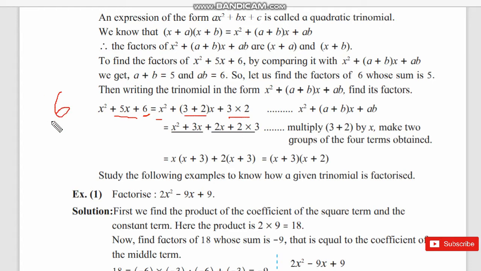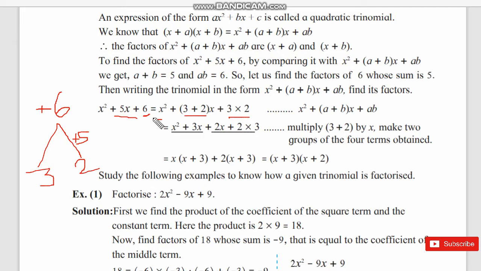So we get 6 into 1 equal to 6, and we take factors such that the product of these factors must be 6 and the sum of these factors must be 5. So there are two conditions. The first condition is that the product must be plus 6, and the sum of these terms must be plus 5.